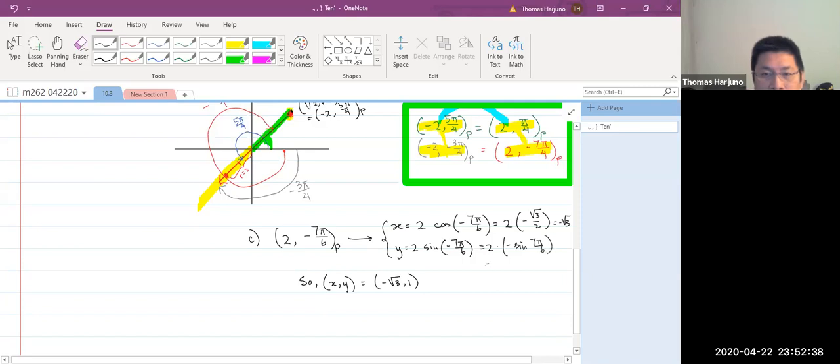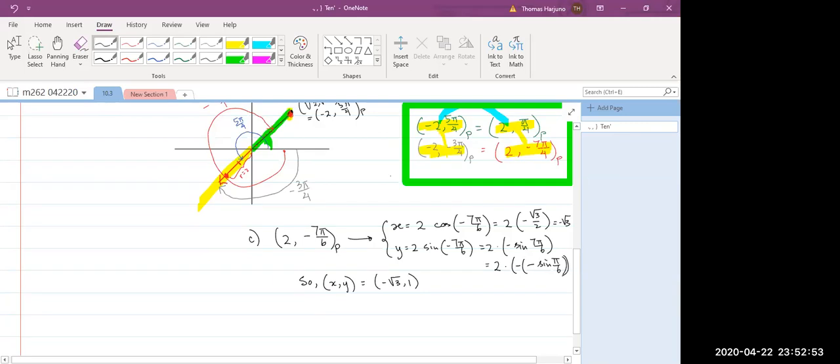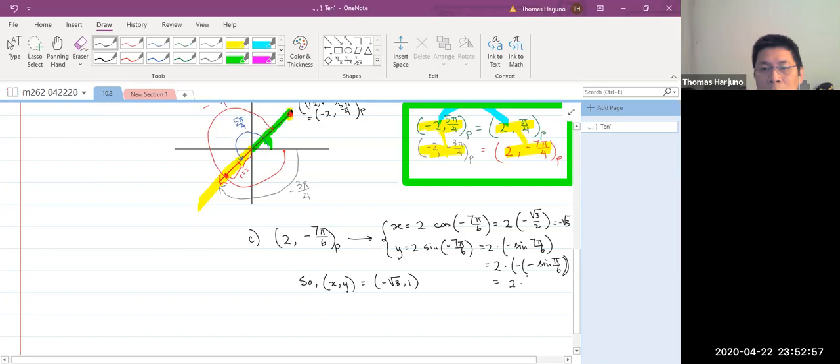But 7 pi over 6 is in quadrant 3. So I get another extra negative on the sine of the reference angle. Right? Do you see that now? Yes, I see now. Thank you. Okay. And then that will be 2 times 1 half, which equals 1.